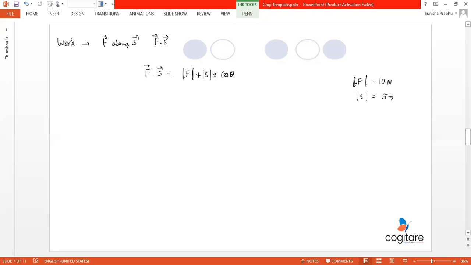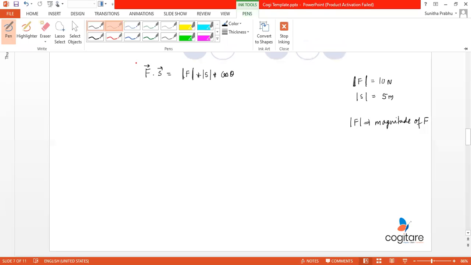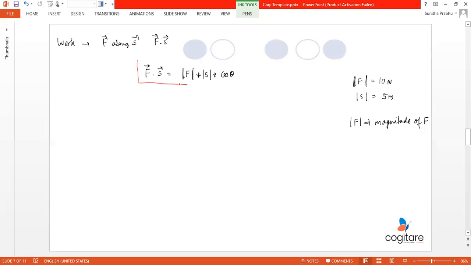This modulus symbol means magnitude of force. And here we put cos theta. So this is F into cos theta. That means we are taking Fx, that means we are taking force along S and we are multiplying it with S. So this is the definition of dot product, F dot S.